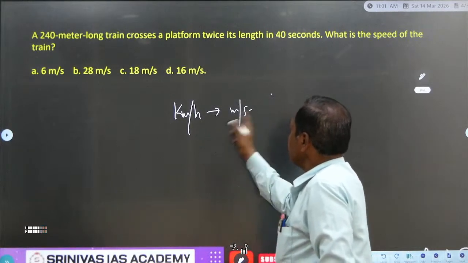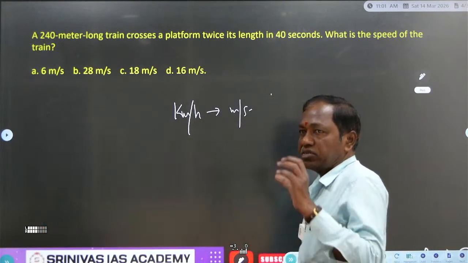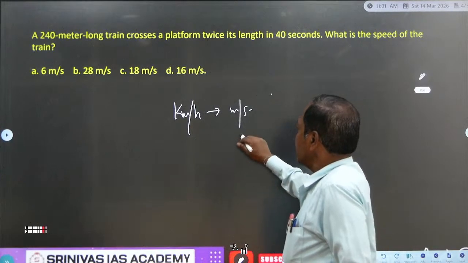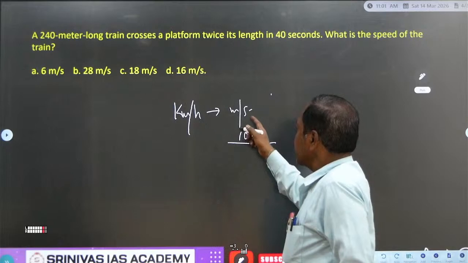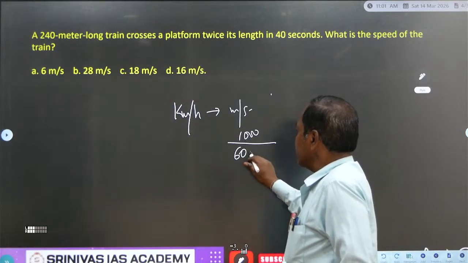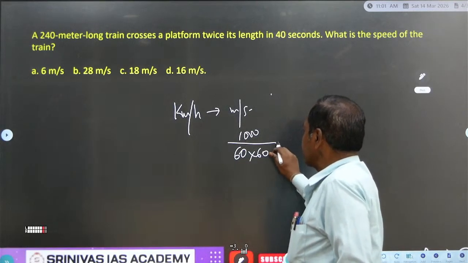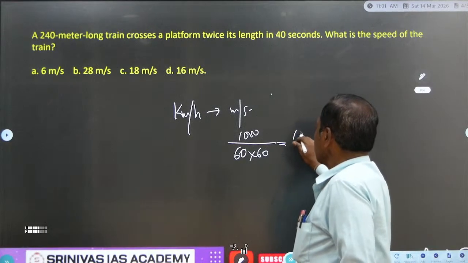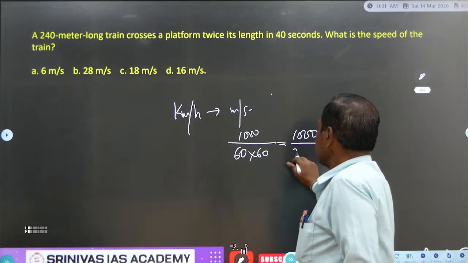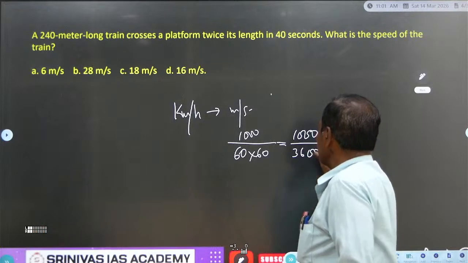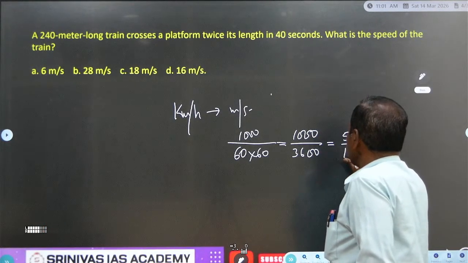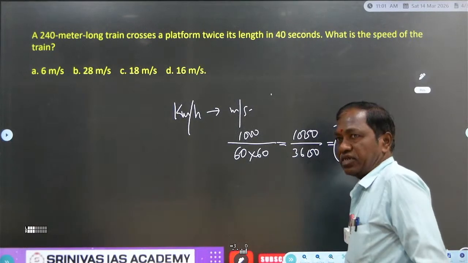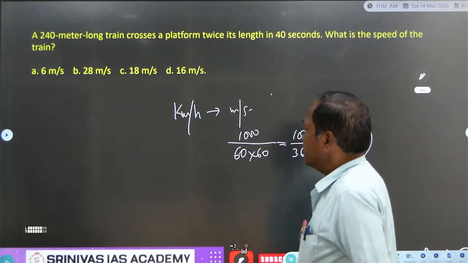Kilo means 1000, by hour, 60 minutes, now into 60 seconds. That's how it can be done. So 1000 by 3600, 20 gets cancelled, and simplified you get 5 by 18. Just like that. Now reversing the fraction.